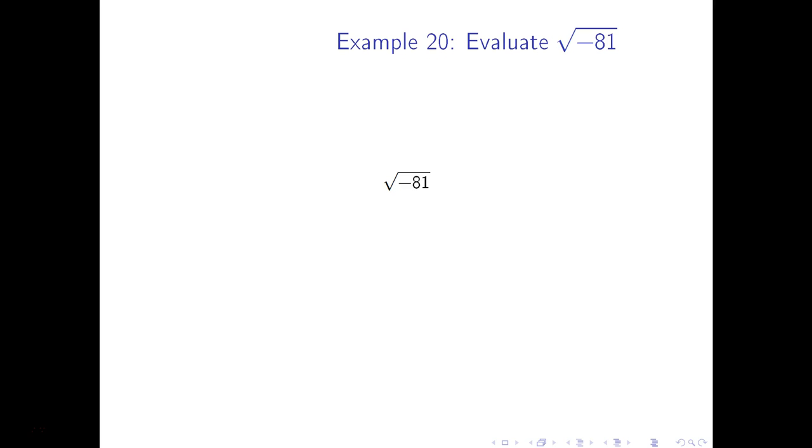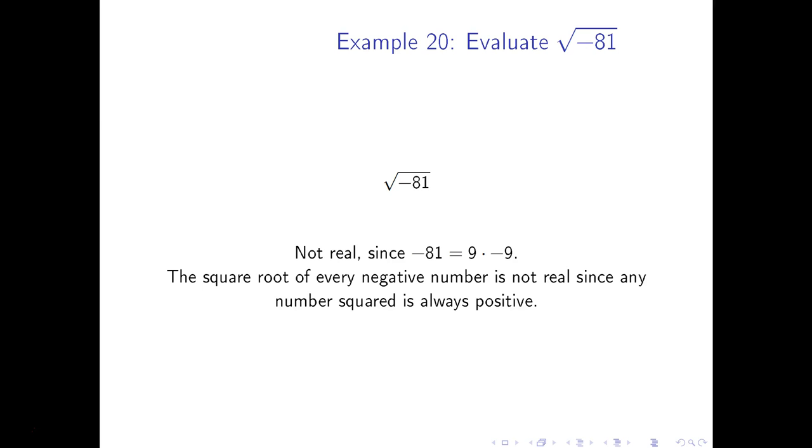Okay, what about this one? What's the square root of negative 81? If you think about it for a moment, there's no answer, because no number times itself is going to be a negative number. In fact, that's always the case.